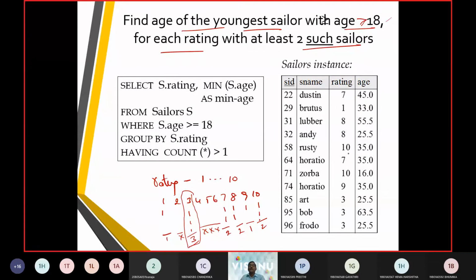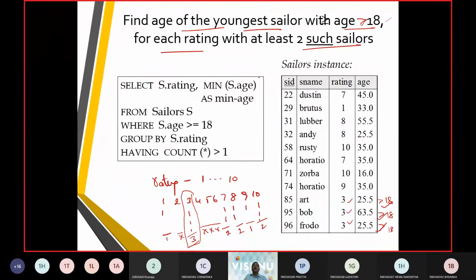Assume we have 3, 3, 3, and then we check whether they are greater than 18. So 25.5 greater than 18 is true, 63.5 greater than 18 is true, and 25.5 greater than 18 is true.